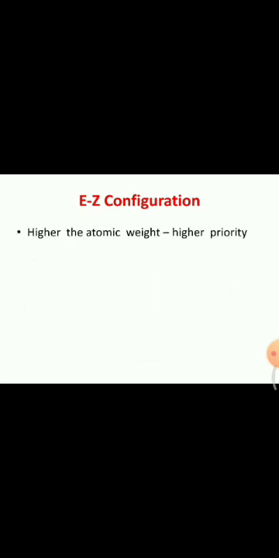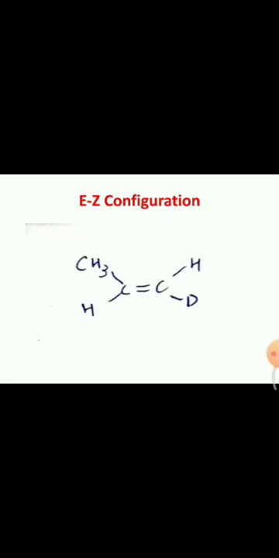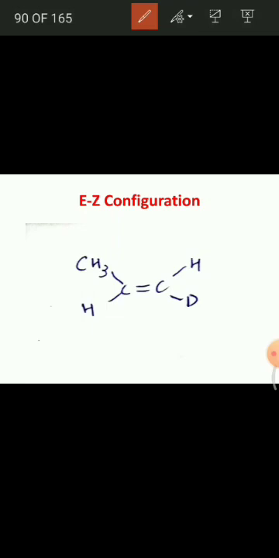And next, after this, the second rule says, higher the atomic weight, higher the priority. If you see this example, we can understand it. See here, to this carbon atom, deuterium is attached and hydrogen is attached.